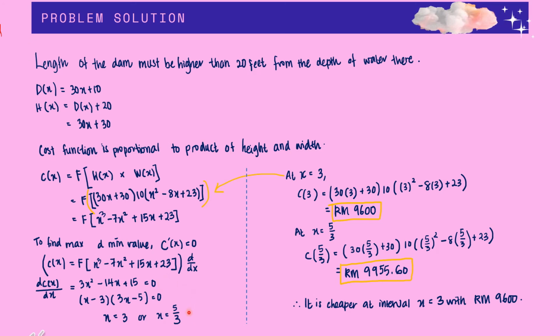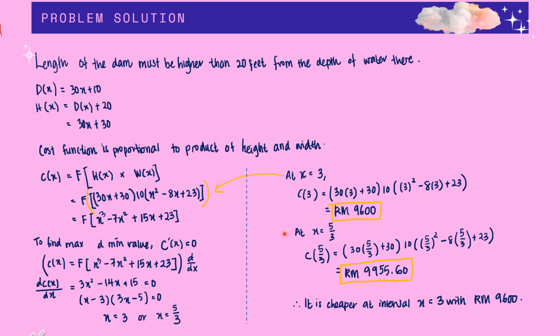So the first derivative, when it equals 0, gives us values of 3 and 5 over 3. Then we substitute the value of x into the cost function. So when x equals 3, C(3) equals 30 in bracket 3 plus 30, times 10 in bracket 3 squared minus 8 times 3 plus 23, which gives a value of 9,600 ringgit.